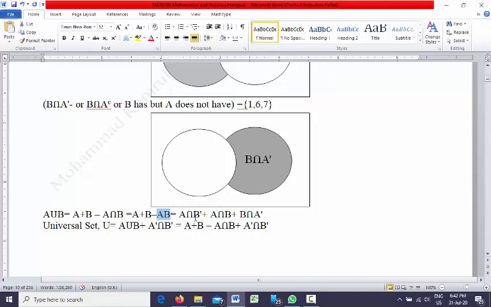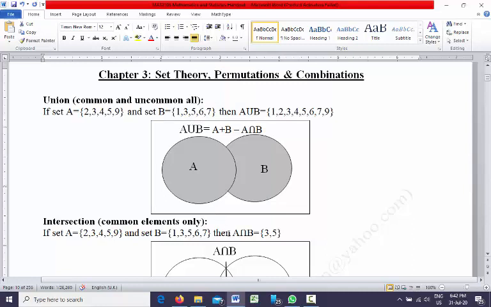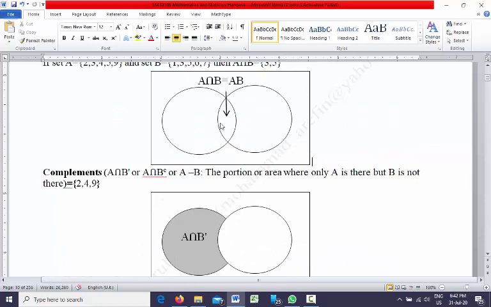So A plus B minus AB. This portion we can write like only AB, that is A intersection B or just AB.